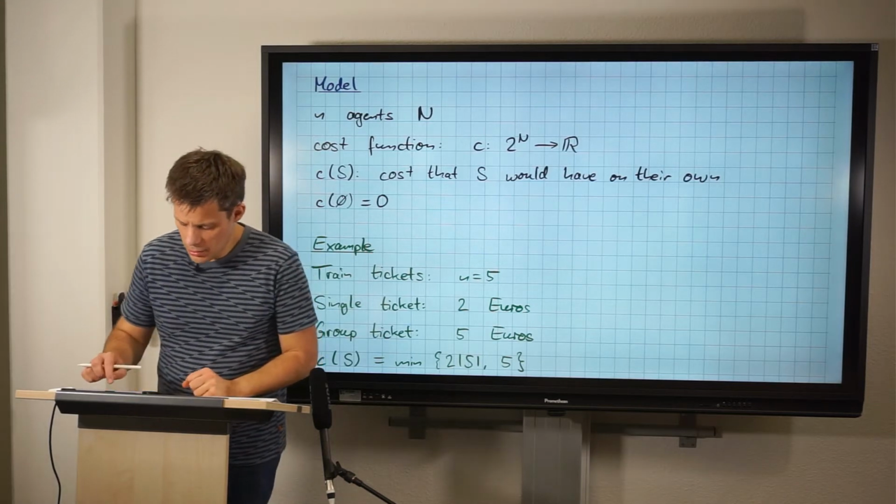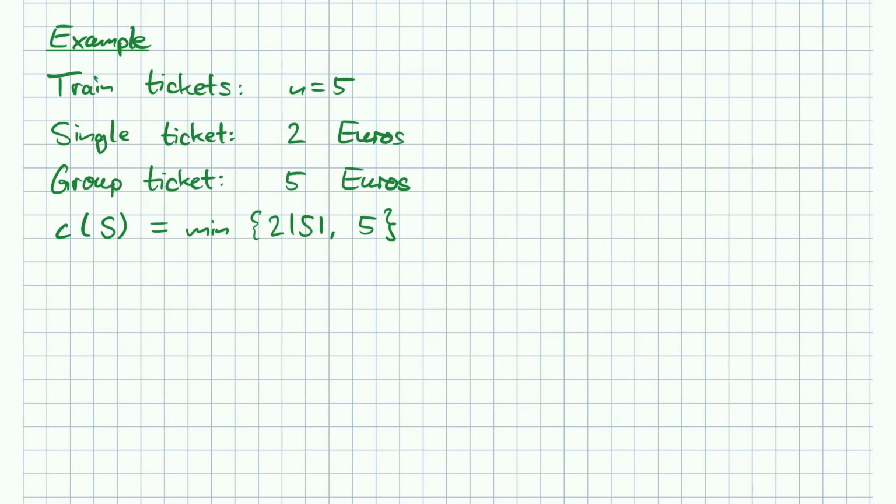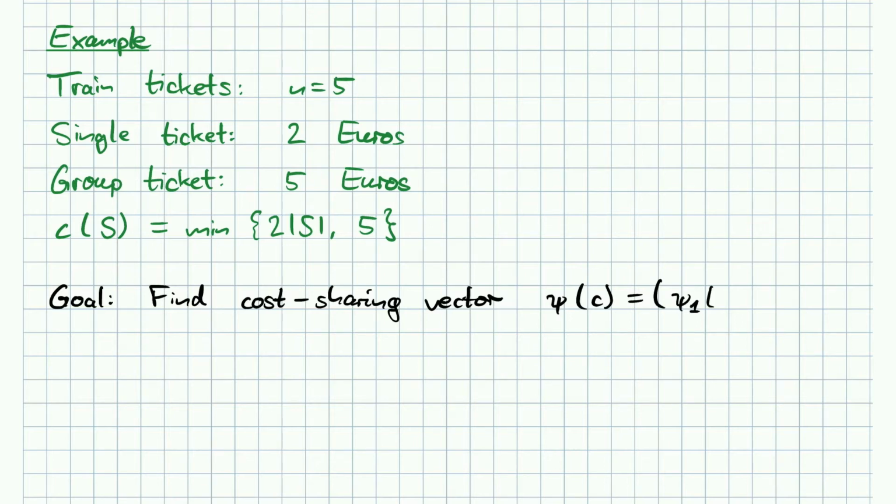So more formally, our goal will be to find a cost-sharing vector psi of c, which of course depends on the cost function, which now splits up the cost among all n agents, and when all agents together, they exactly cover the cost.